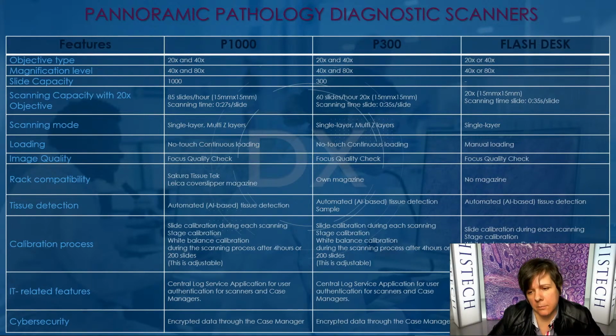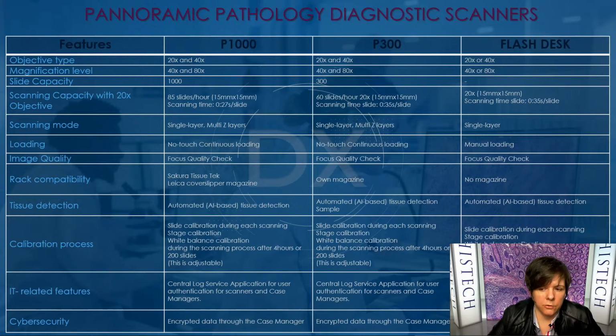Automated self-calibration helps to keep the system in the best shape and helps to create excellent image quality continuously. The Central Log Service application provides information on the current state of the scanning process and the scanner. And all log events can be tracked through the application externally.